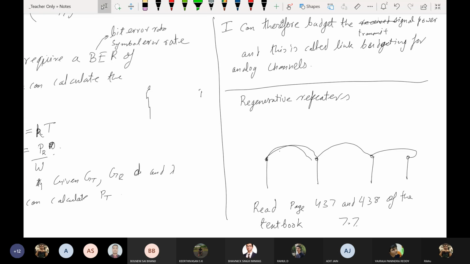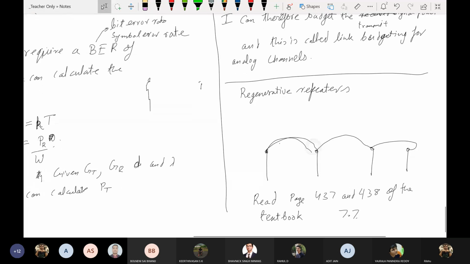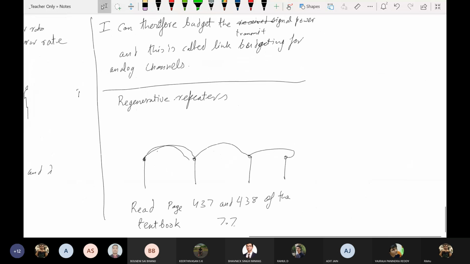But since we just have 7 more minutes left, I won't start with that. What I would instead do is list out all the topics that are left, and then we can decide. So one is Markov chains.